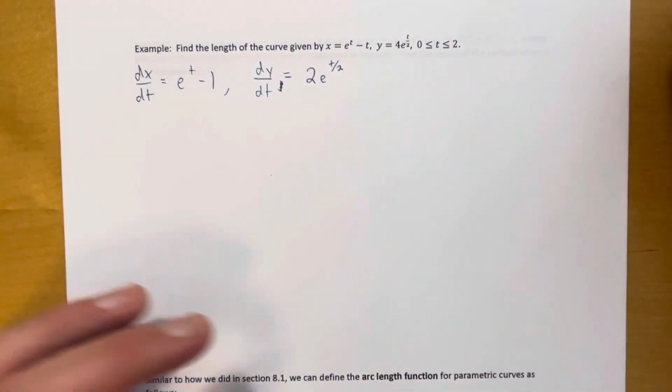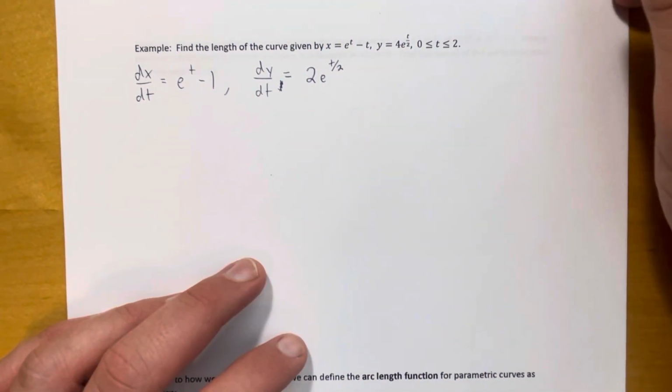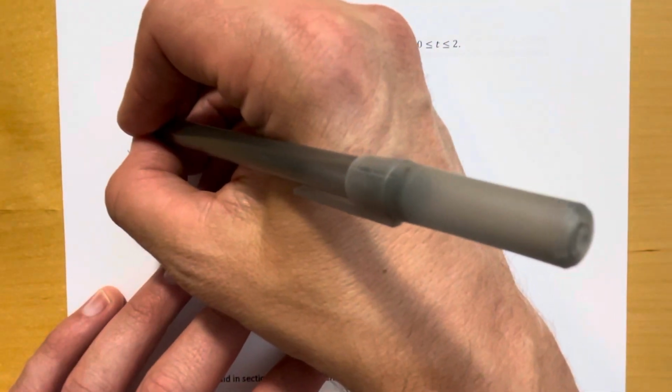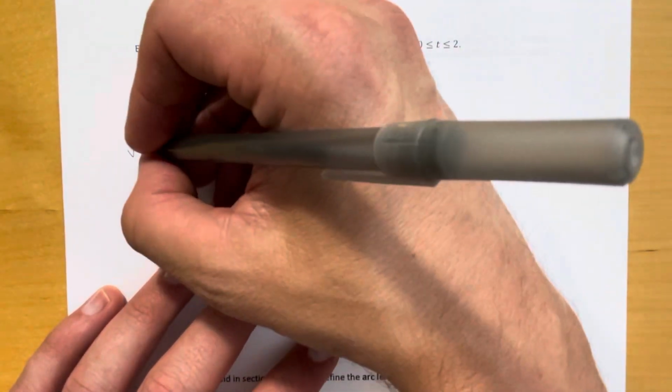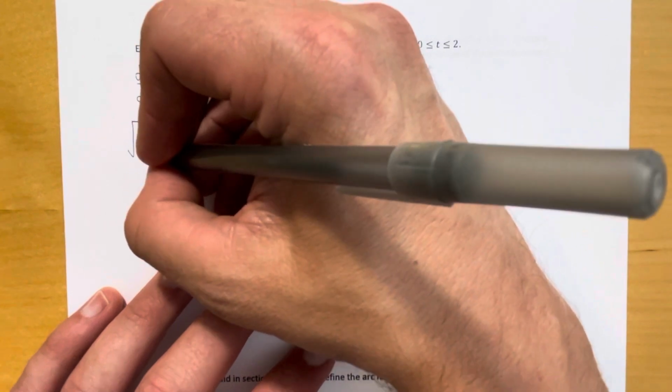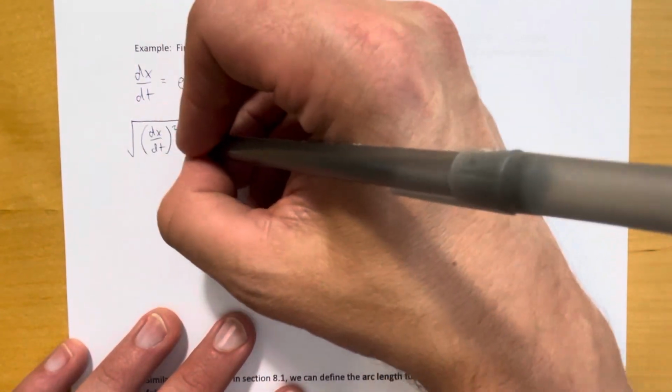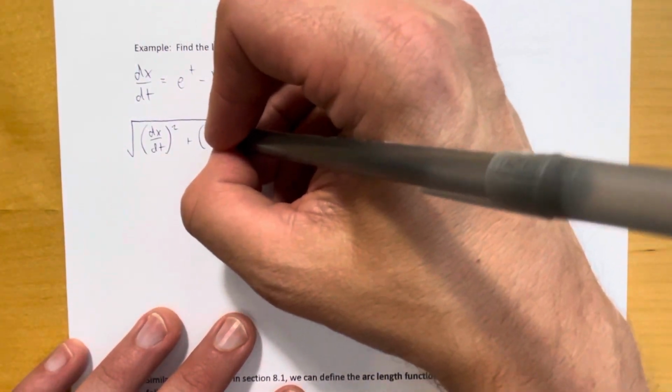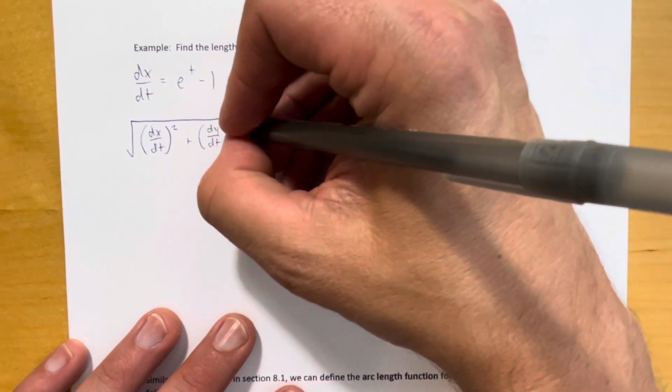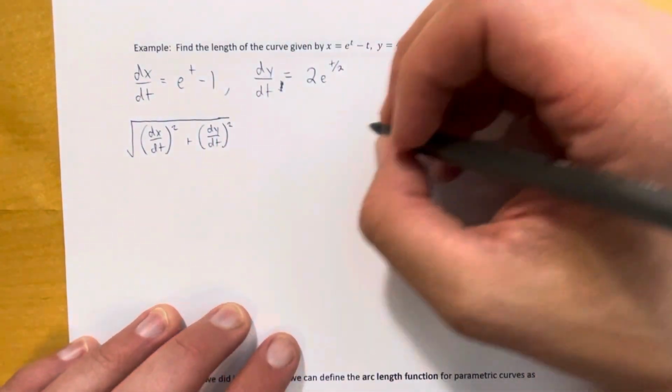Then the thing that I'm integrating in my arc length formula is the square root of the sum of the squares of these: (dx/dt) squared plus (dy/dt) squared.